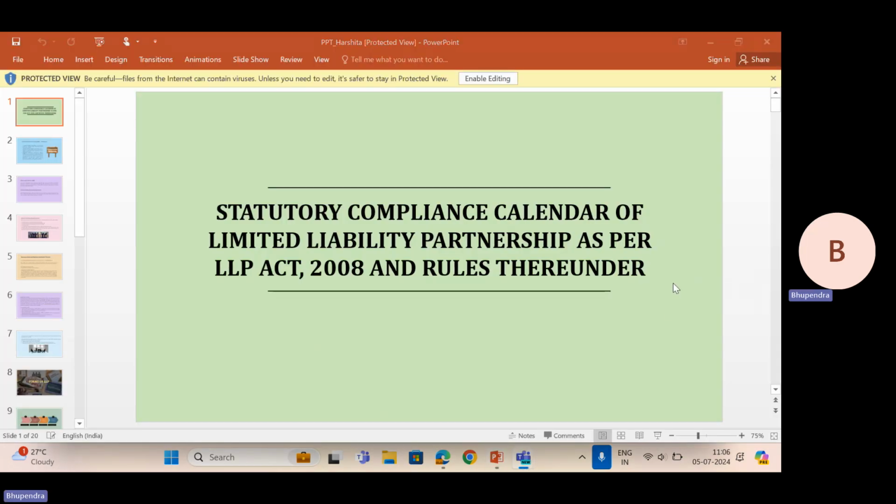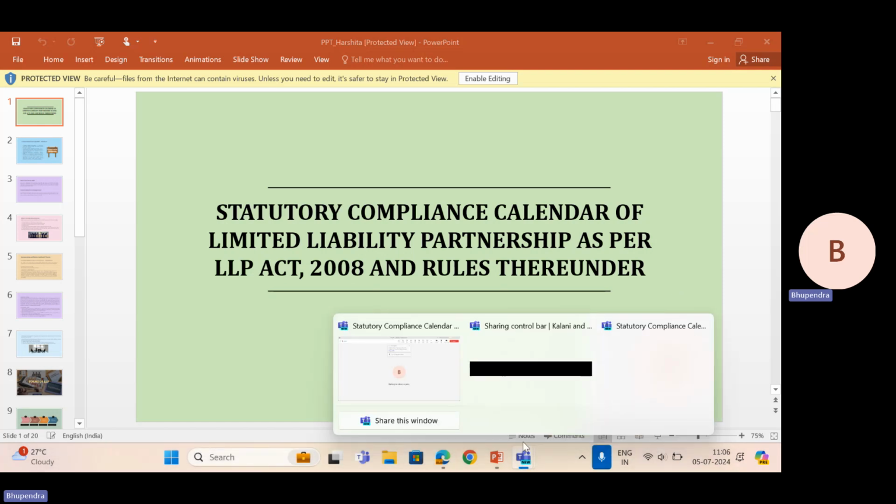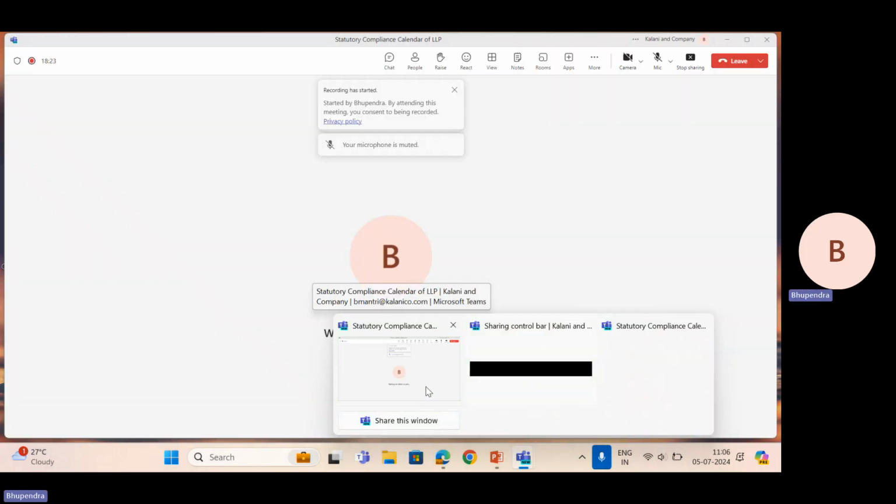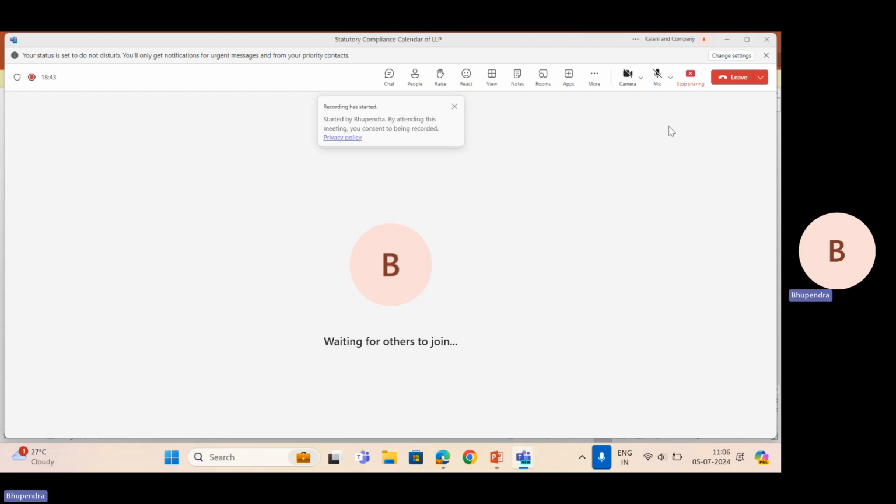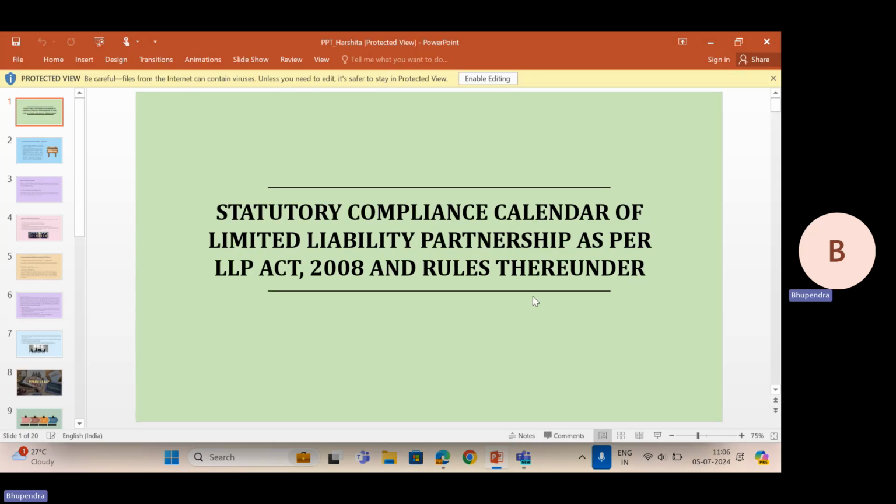The application for allotment of DIN has to be made in the form DIR3. The form shall be signed by a company secretary in full-time employment of the company, or by the managing director, or the director, or the CEO, or the CFO of the existing company in which the applicant shall be appointed as a director.